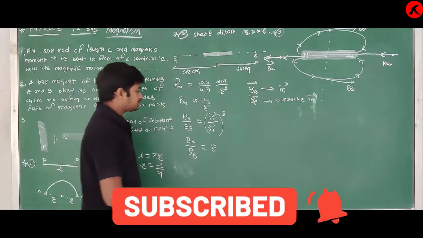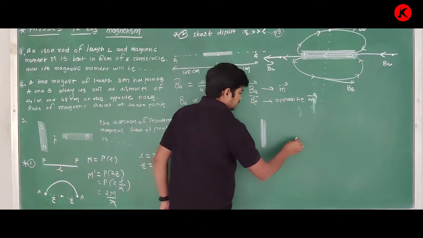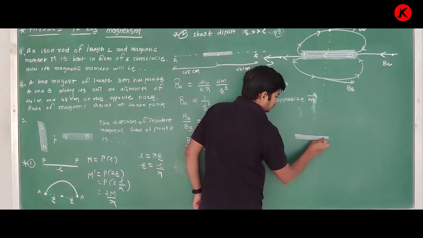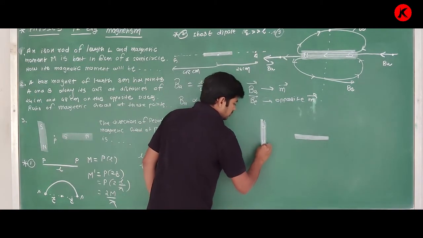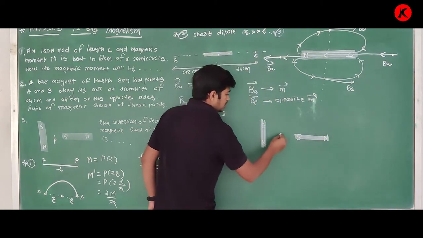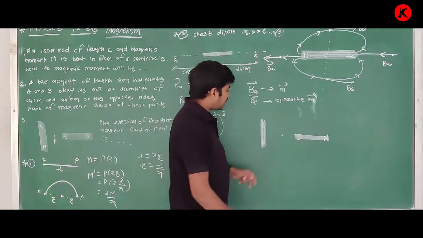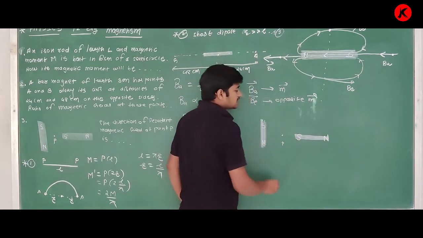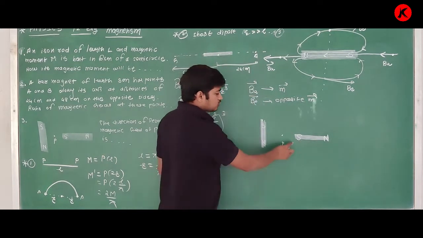Here is the first magnet and the second magnet, with south pole and north pole. From the figure we can say this point P is on the axis of this magnet.